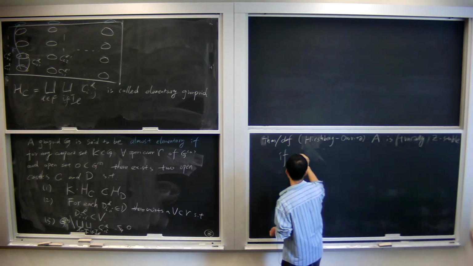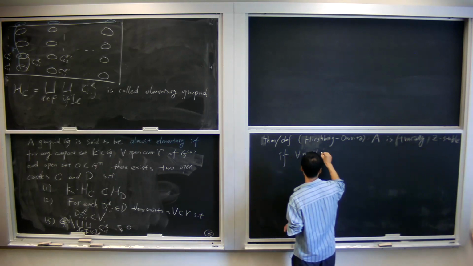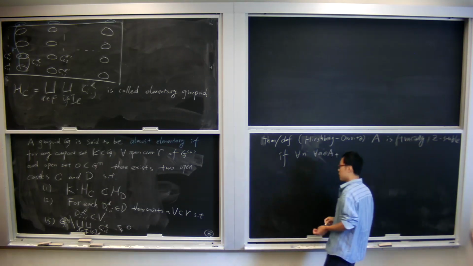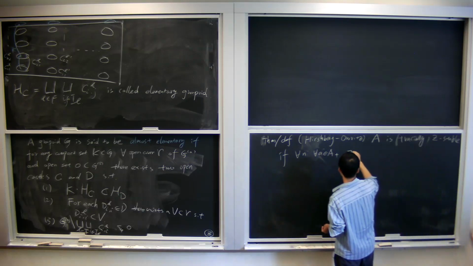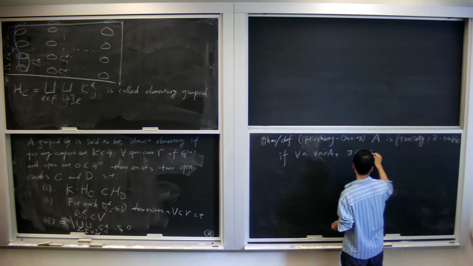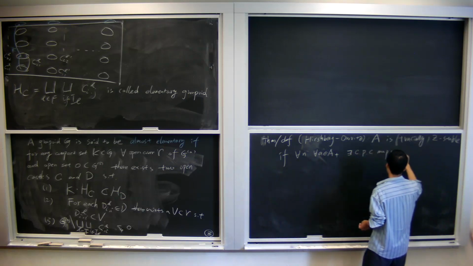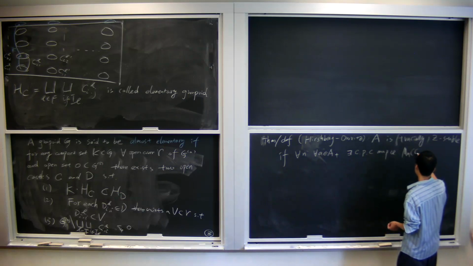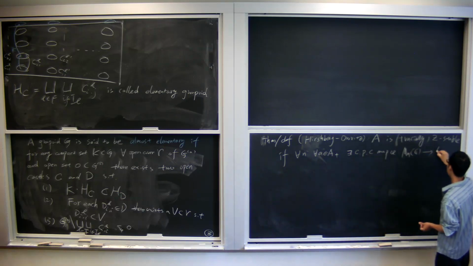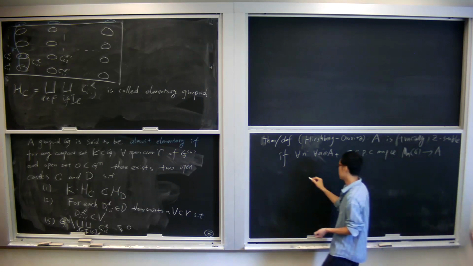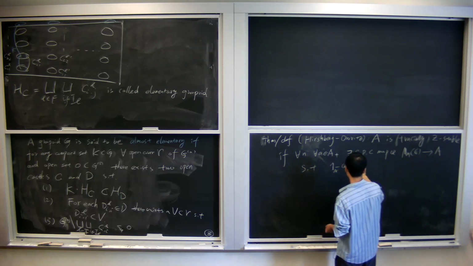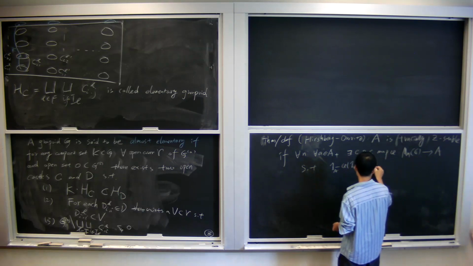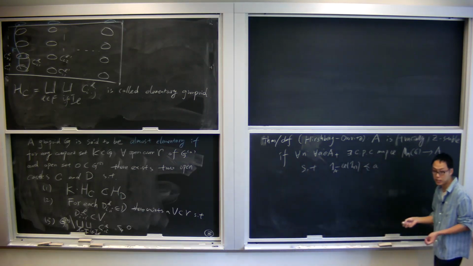If for any n and any a in the positive part of A, you can find a CPC map phi from M_n(C) to your A, such that the norm of a minus phi of the one n is smaller than epsilon.